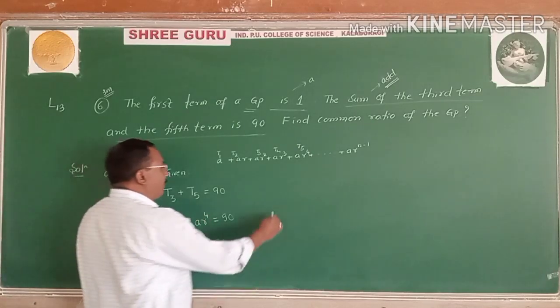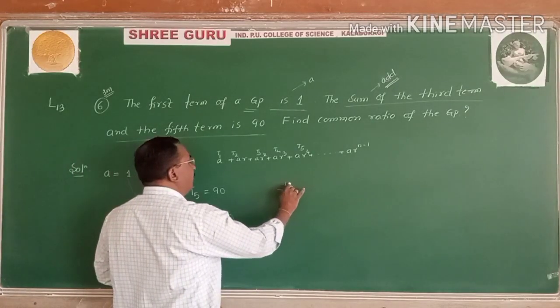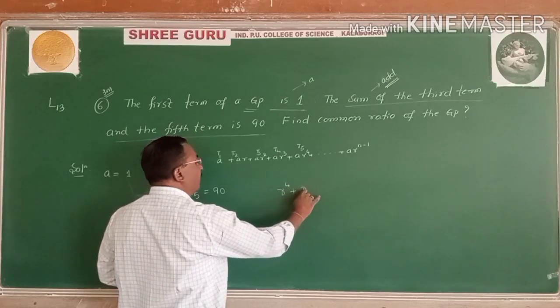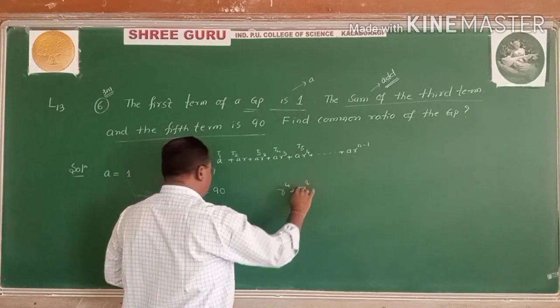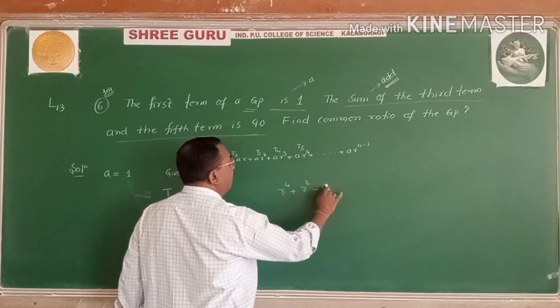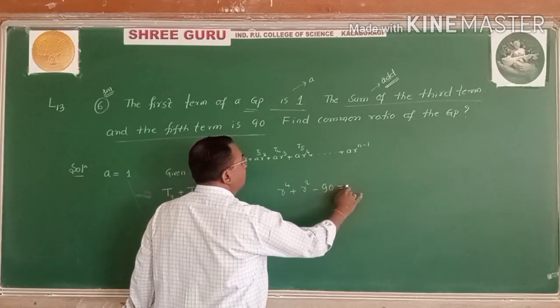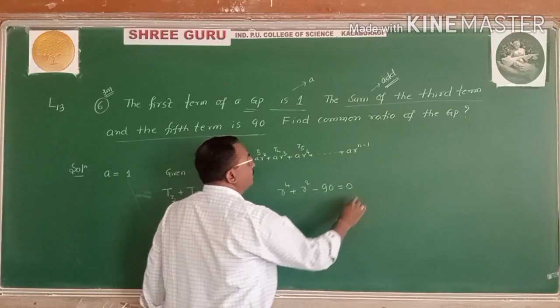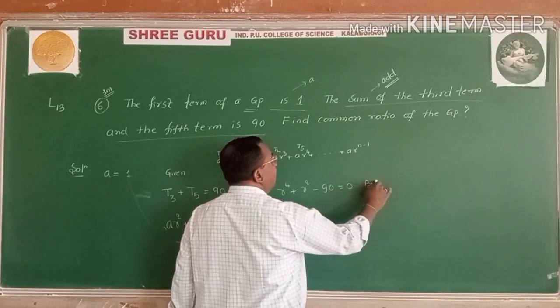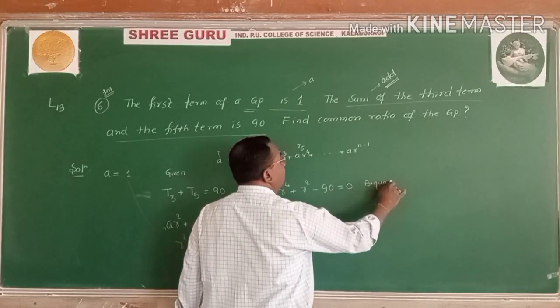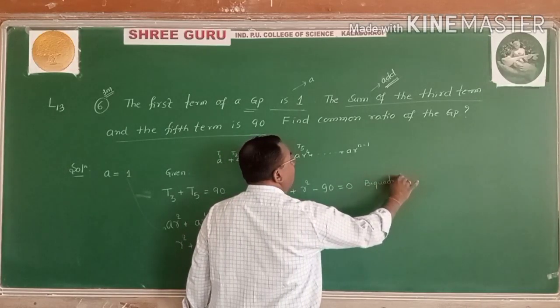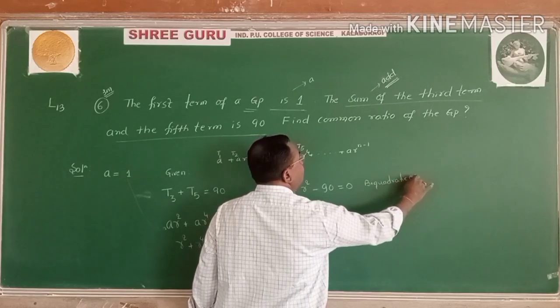Taking it to the left, R power 4 plus R square minus 90 is equal to 0. This is a biquadratic equation, solved as a quadratic equation.